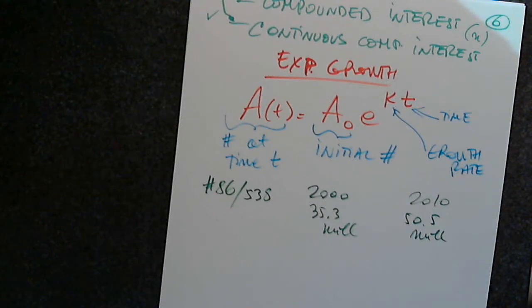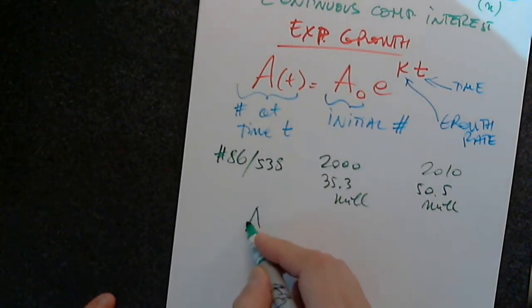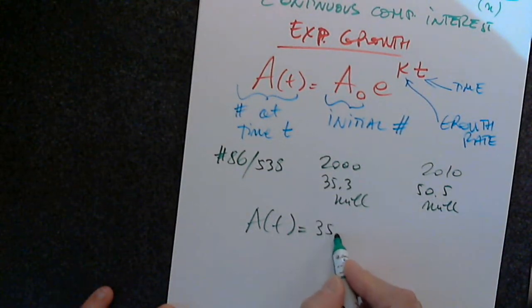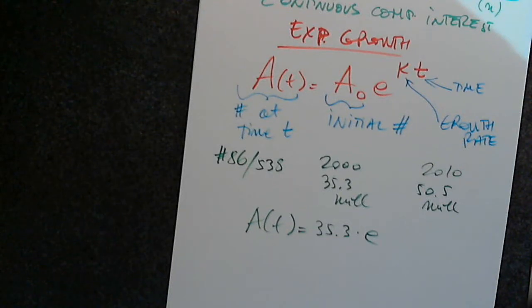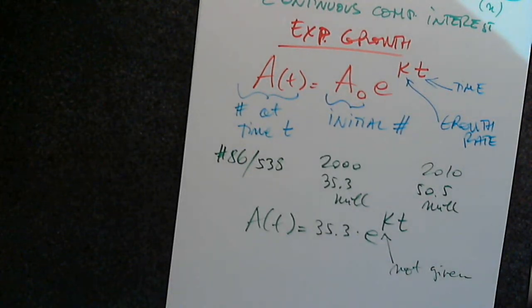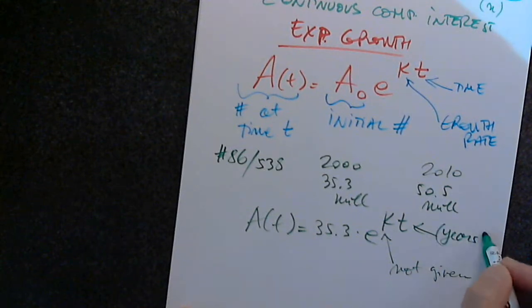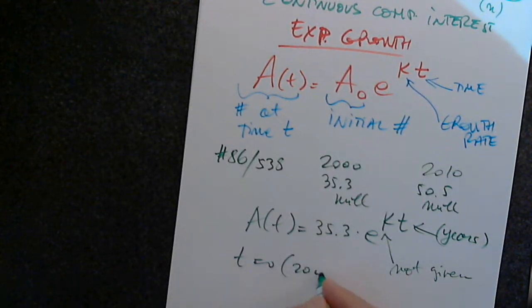Okay, the exponential growth function is given to us, A of t as 35.3, of course, the initial, times e to kt, where the growth rate is not given. It describes the U.S. Hispanic population A in millions, t years after 2000. So t is in years. And t equals 0 means 2000.